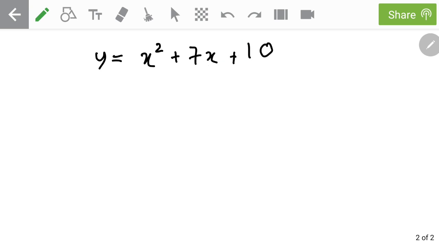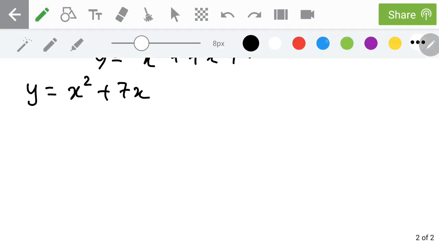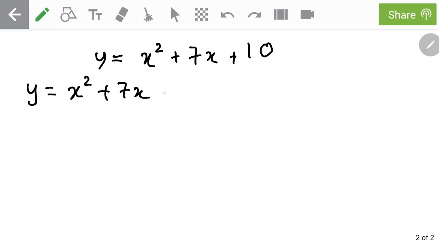The first idea is we just copy this and then break it into the one that I showed you, plus b over 2 squared, minus b over 2 squared, and then you can plus c.